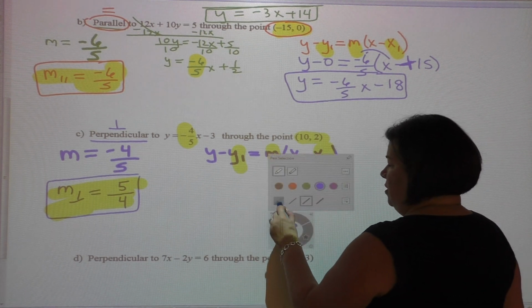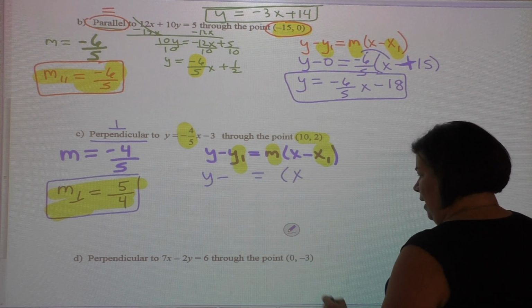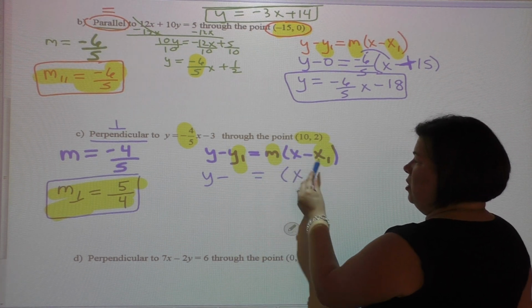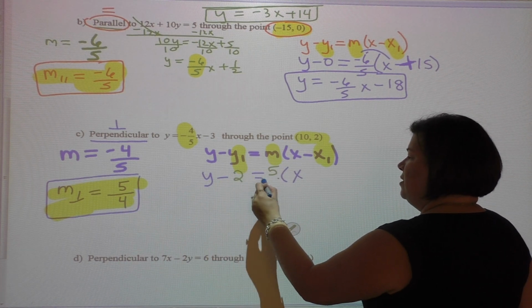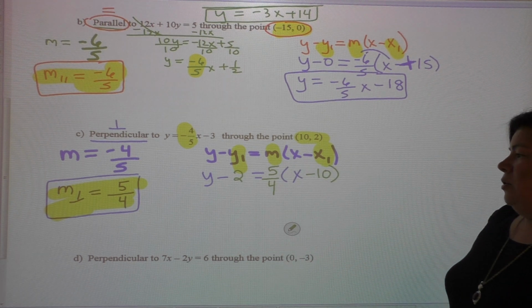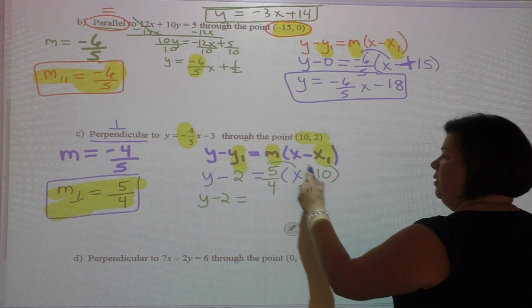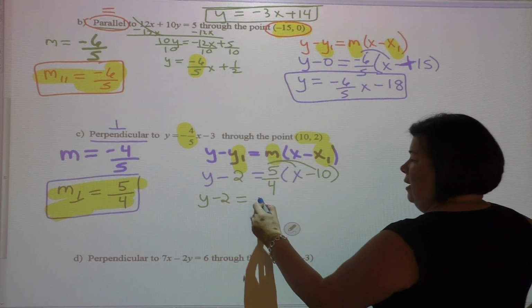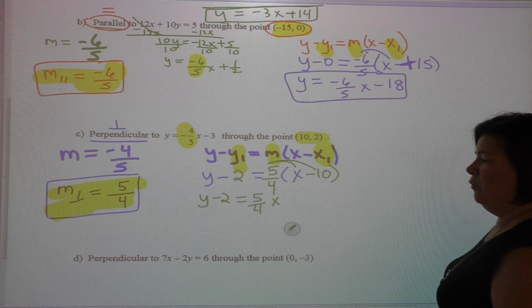And I'm going to substitute in for my x and y and slope, 2 for my y, 5/4 for my slope, and 10 for my x. So if I bring -2 down and distribute completely, I get 5/4 x minus 50/4.